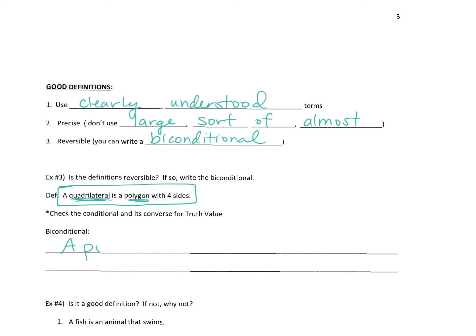We would say a polygon is a quadrilateral. What comes next? If and only if it has 4 sides. Okay, so you check the conditional and its converse. If both are true, you write the biconditional, and that is a good definition then.